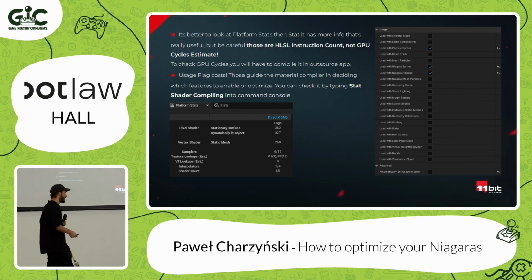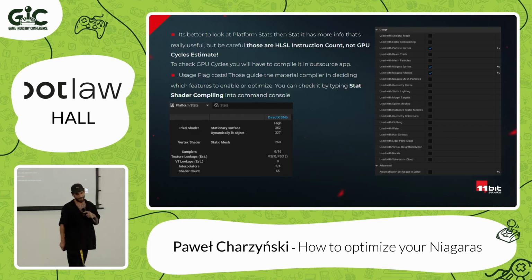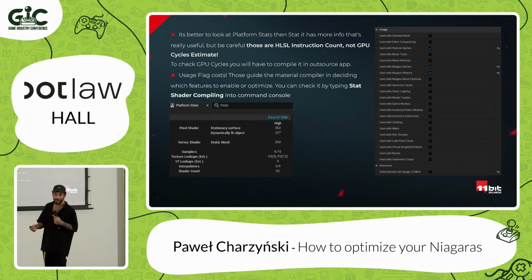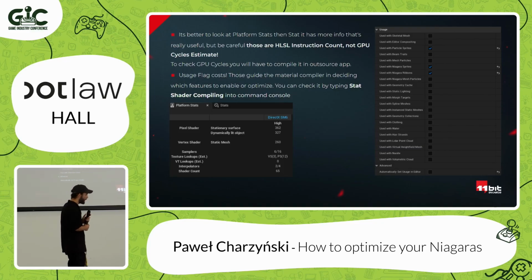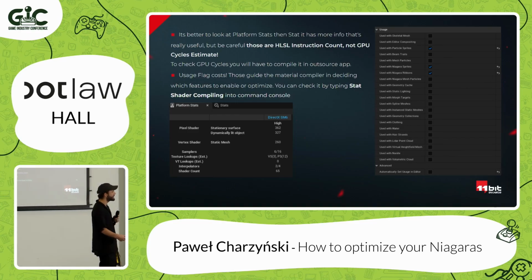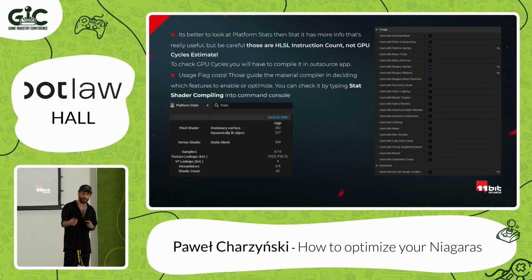If you're making materials inside Unreal itself, you have platform stats. For some reason, I don't know why, to be honest, those are HLSL instruction counts, not a GPU cycles estimate. And when we're optimizing materials, we want to go through the GPU cycles. We don't really care about instruction counts, because they don't give you proper cycle values.